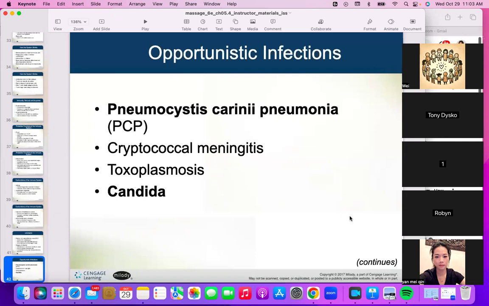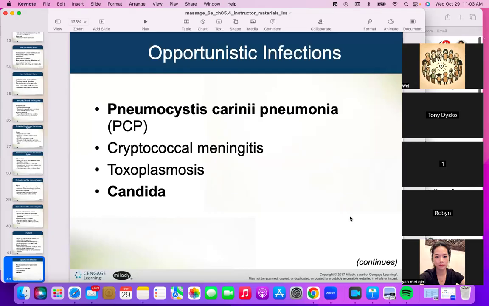It's caused by a protozoa and found in the lung. So when the immune system is weakened, as in AIDS, the organism multiplies and causes the disease, and it's more common in people with AIDS. Unless you have immune deficiency, there's no concern for this kind of disease. So it mainly affects the people that have AIDS.